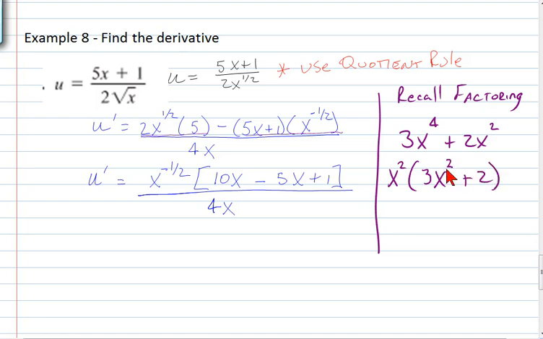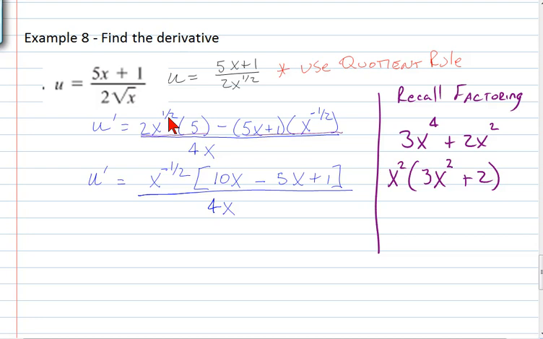Well, how did you get that 2 right there? You said 4 minus 2 is 2. Well, here I said, do you agree that the smallest power of x is x to the negative 1/2? Because negative 1/2 is smaller than 1/2, isn't it? And how you got this x to the 1st is 1/2 minus a negative 1/2.